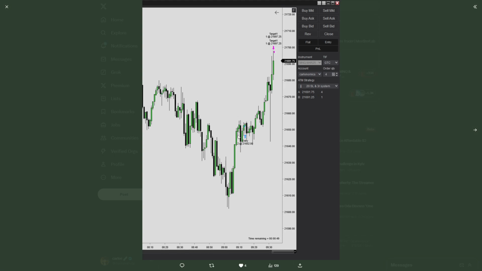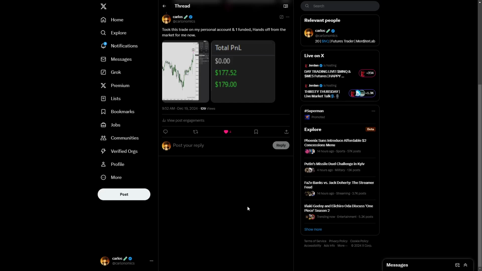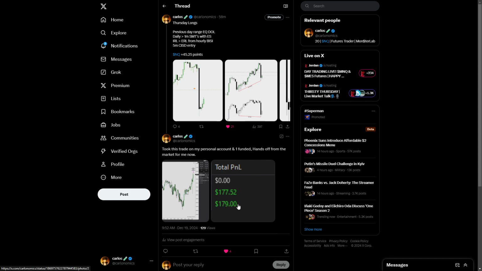But yeah, so I took that trade on my personal and one funded, and overall, it was a very great trade. It went with everything I trade. Like, it went with the way I trade, my PD array, my point of interest, how we're gonna deliver there, and yeah, it was basically just a base hit, and it wasn't anything too crazy.